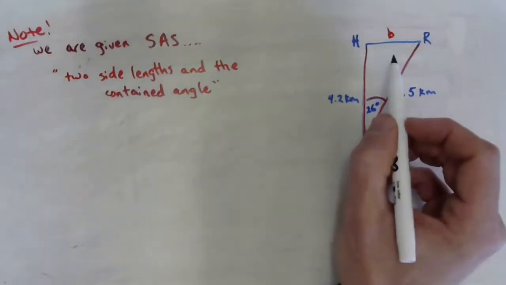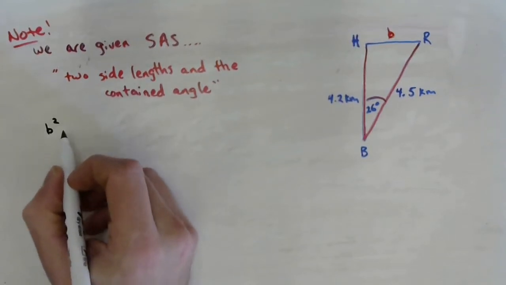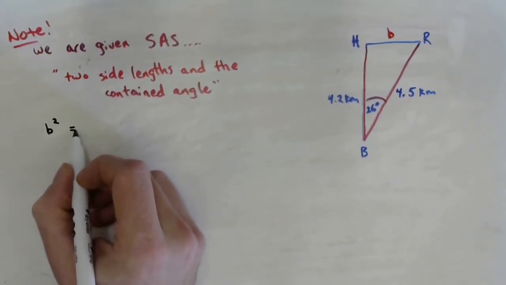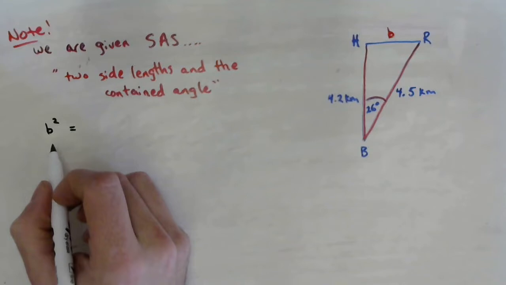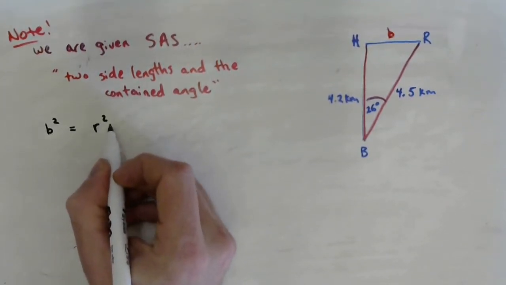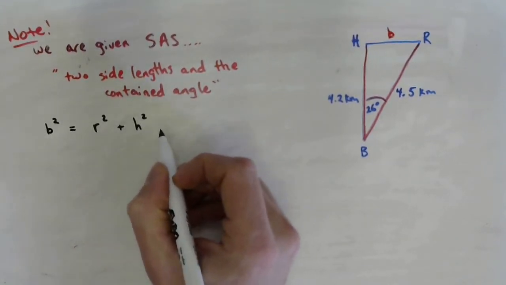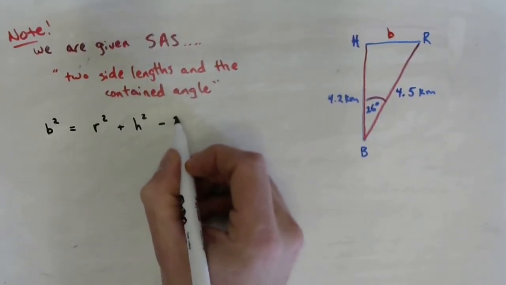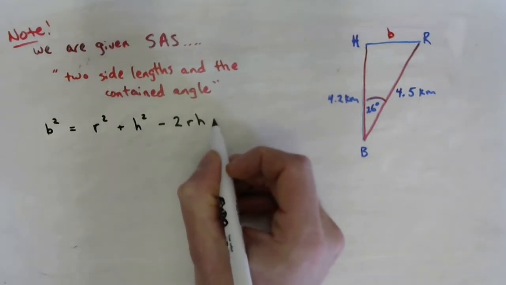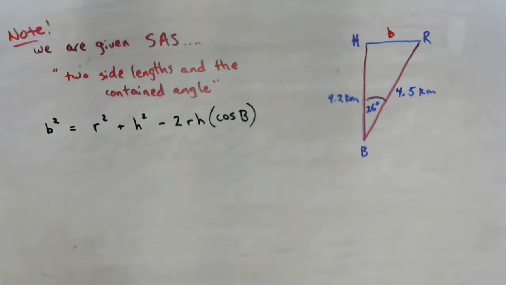I'm looking for side length B, so I'm going to write it with respect to B squared. I'm going to isolate B on the one side, which means that my other side lengths are R and H: R squared plus H squared minus 2 times R times H times the cosine of capital B. Good with that?